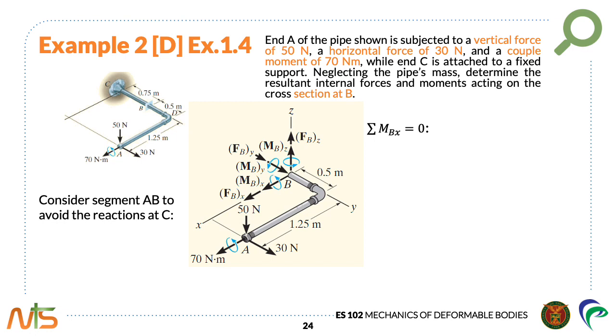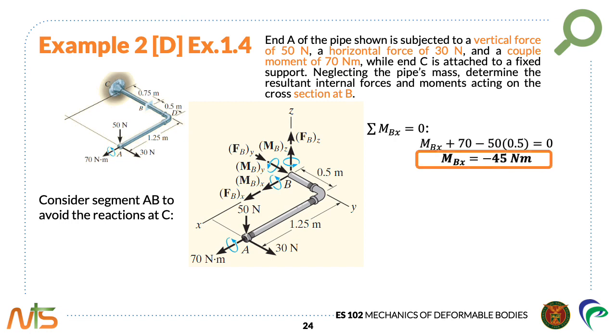And then we have another force, the 50 newtons, which creates a moment about the x-axis. However, the rotation is towards the negative x-axis. So we have negative 50 multiplied by the perpendicular distance of 0.5 meters equal to 0.